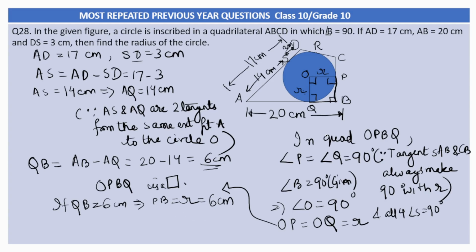So PB will also be 6 centimeter, and these two radii will also be equal to 6 centimeter, equal to QB. QB, PB, OP and OQ all will be equal to R, which is nothing but 6 centimeter. So in this way we have found the radius of the circle, which is equal to 6 centimeter.